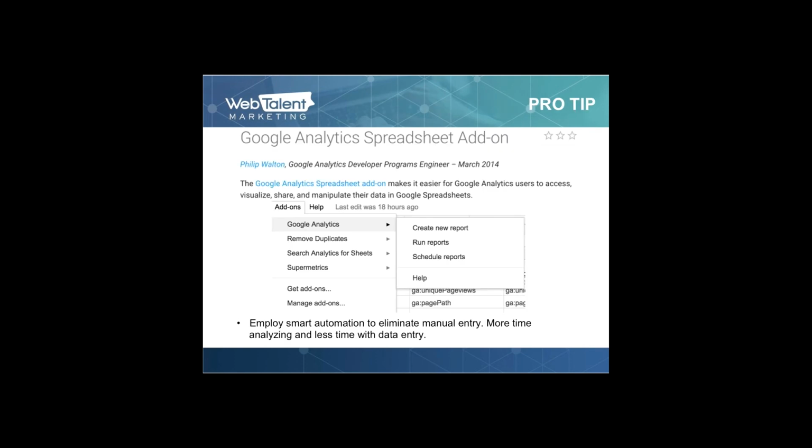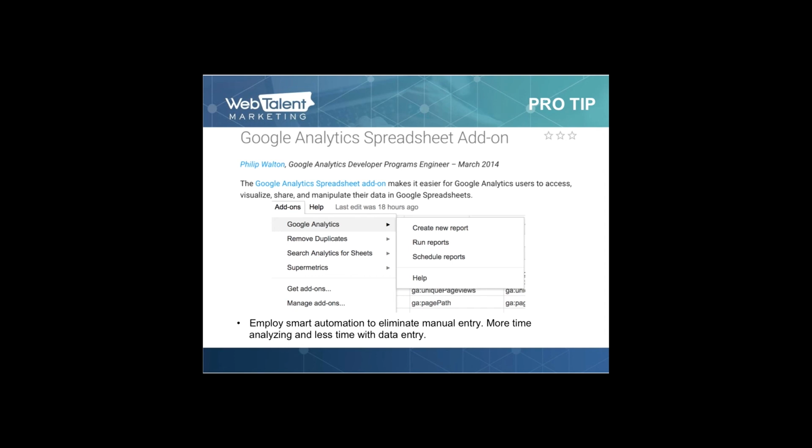A couple other pro tips. We've been spending a lot more time putting our reports into Google Sheets versus utilizing Excel. And the reason for that is this Google Analytics spreadsheet plugin or add-on. What this actually does is it ports data from Analytics directly into Sheets. And why this is useful is it will do it on demand as well as on schedule.